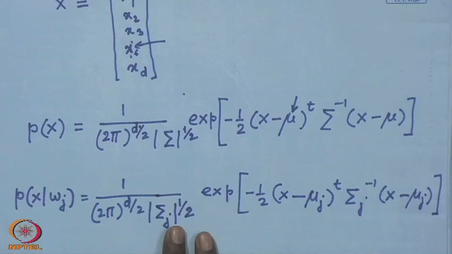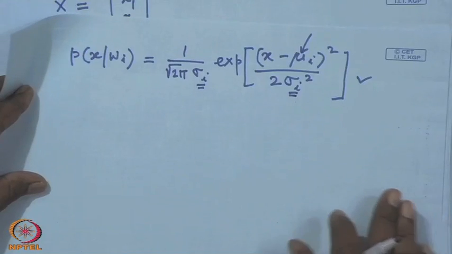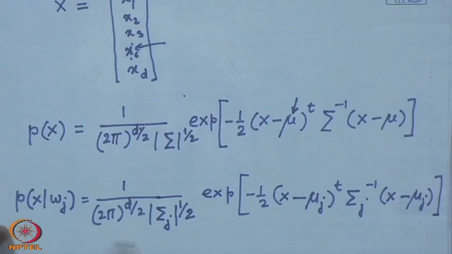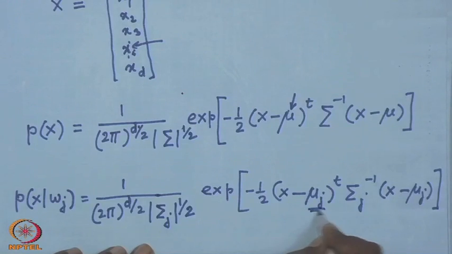Now, whether I have this expression for a single variable or for a vector variable, as we said, the shape of the probability density curve is entirely decided by a number of parameters. In case of a single variable, it is decided by mu, which is the mean of x, and the variance sigma square. In case of vector variables, the shape and position of the probability density curve is decided by the mean vector, which is mu j.